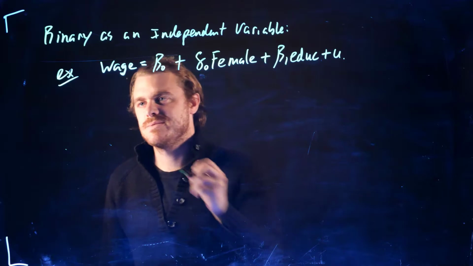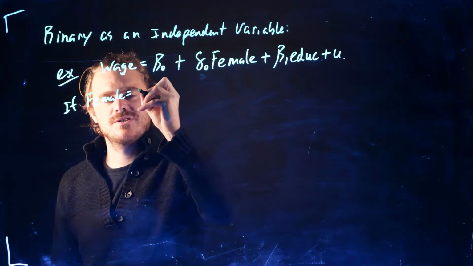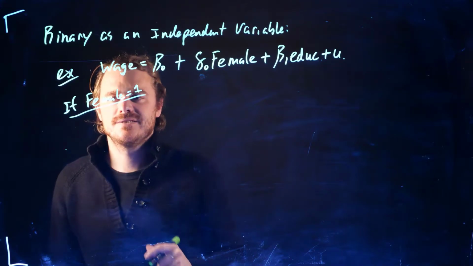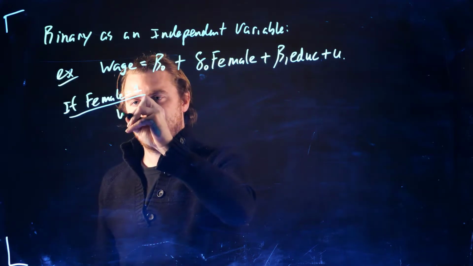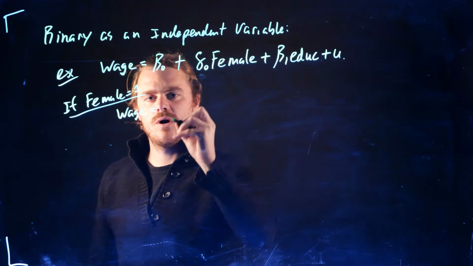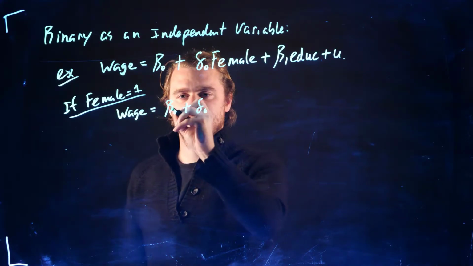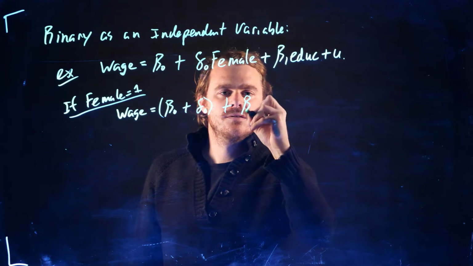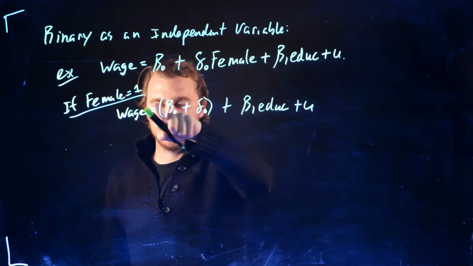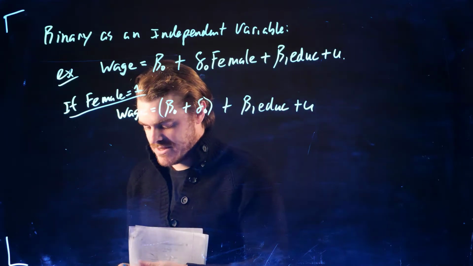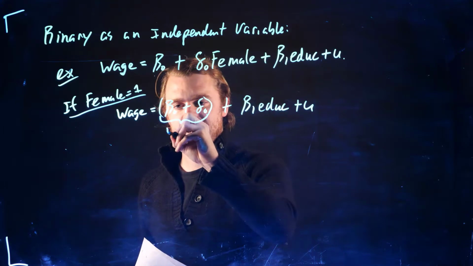Well, let's think about what this means. If this person identified as female, so if this variable equals 1, we're seeing that their intercept is going to be these two parameters added together.